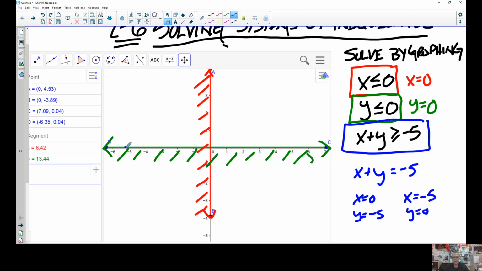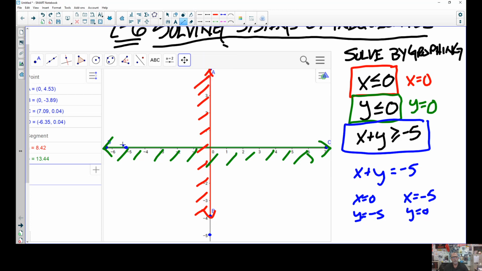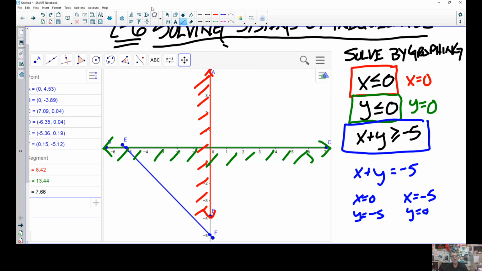So the intercepts are at -5 and -5. Draw a line through this. We're going to do that and make it blue. So we would have this, and with that, we would have our line.